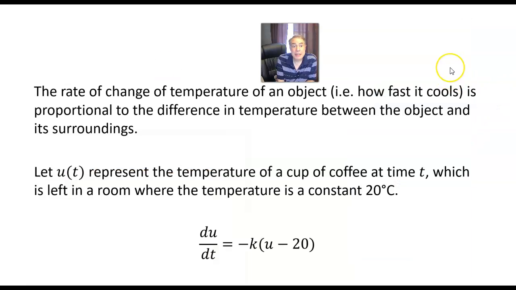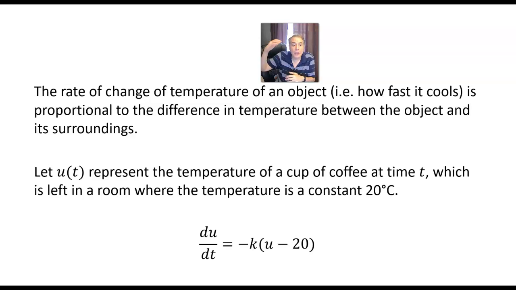And so it seems reasonable to assume that the rate of change of temperature of an object, that is, how fast it cools down, is proportional to the difference in temperature between the object and its surroundings. If it's already the same temperature as its surroundings, it's not going to change temperature at all.